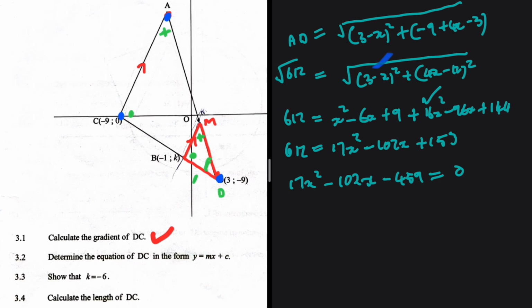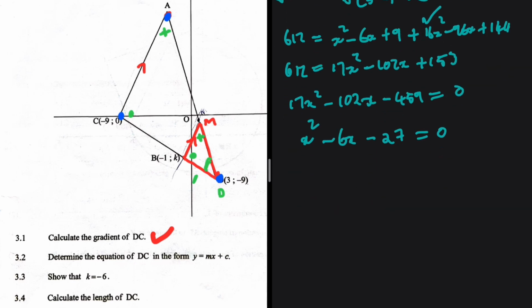So let me see if I can divide all these terms by 17. 459 divided by 17. Yes, 17 is a factor of all these terms. So we have x squared, 102 divided by 17, minus 6x, 459 divided by 17, minus 27, being equal to 0. Factors of 27: 9 and 3.